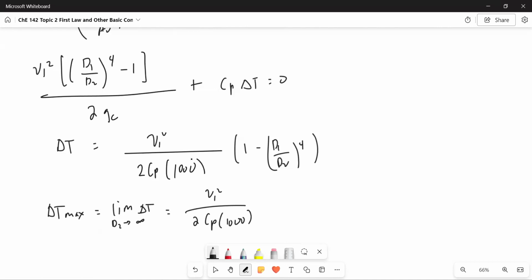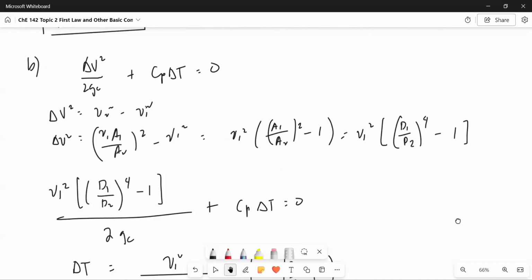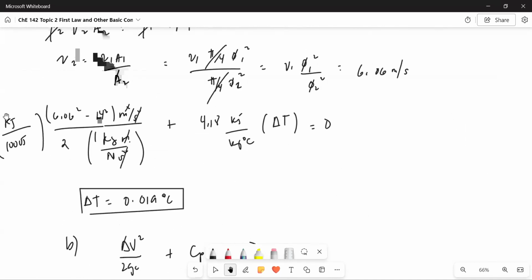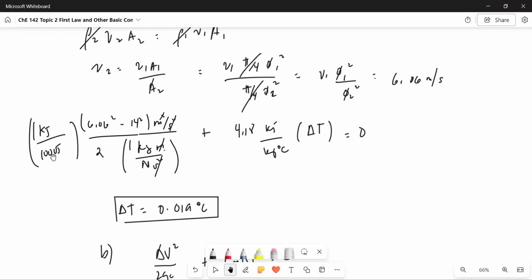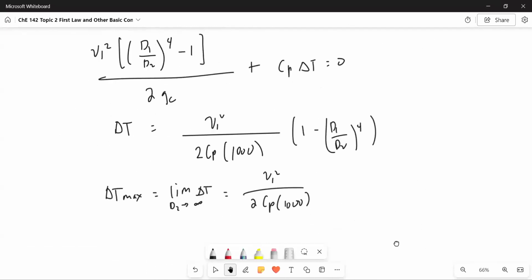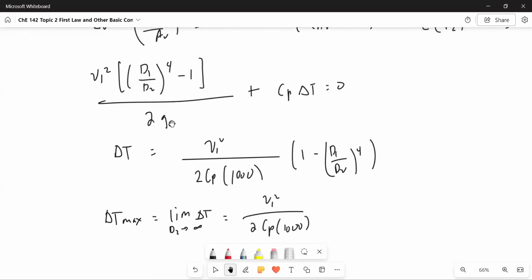1,000 is a conversion factor, right? So this one, I'm referring to this one. So that's why there's a 1,000 right there. Suddenly appeared. GC is 1, right?